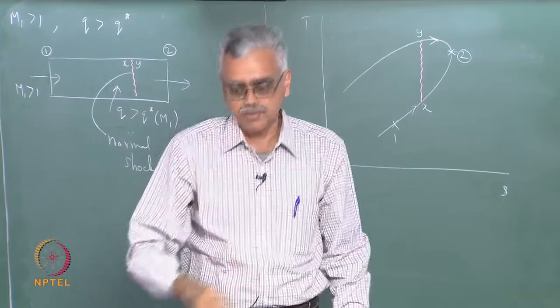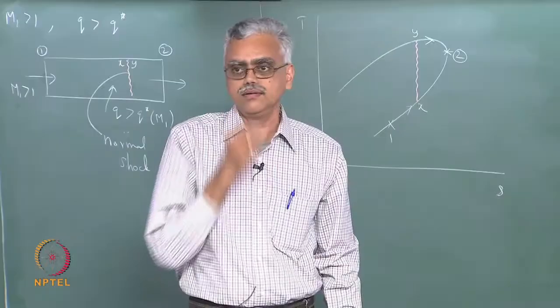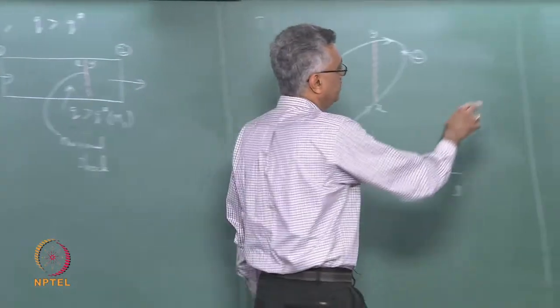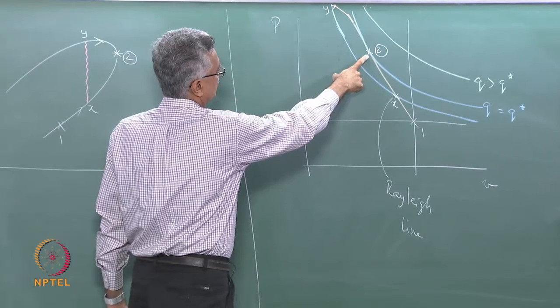So I must stay on the same H curve. So I go from state x to state y, which is on the same H curve and same Rayleigh line, and then I begin to move down like this, which means further heat is being added, until I reach a location here where state 2 is located.